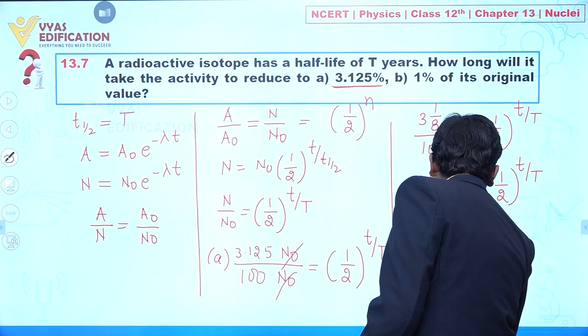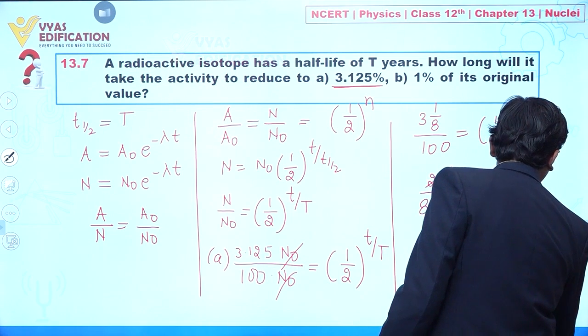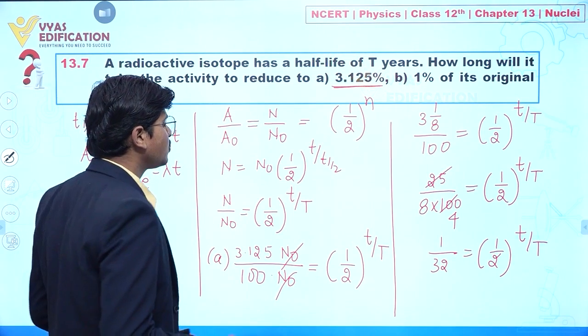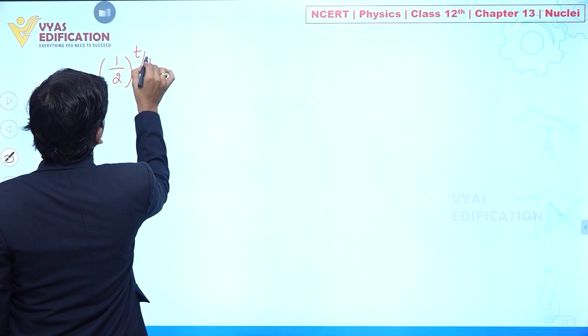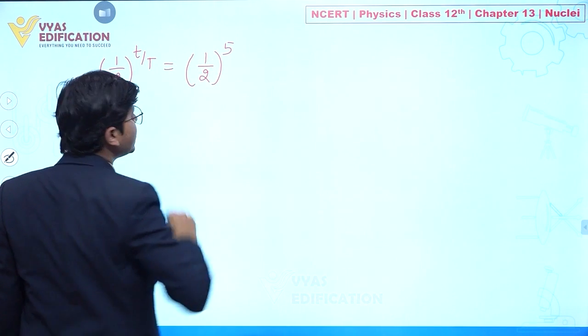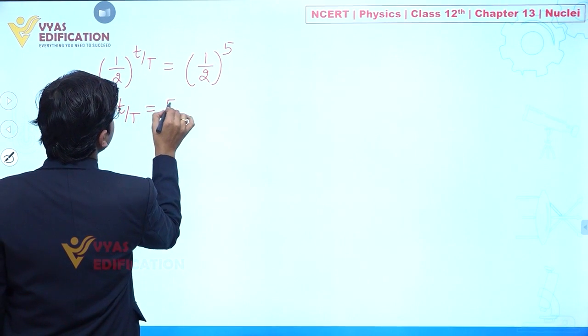Clear? So from that one we can write it like this, this is equal to 1 by 32. We are getting 1 by 32, this is equal to 1 by 2 power t by capital T, this should be equal to 1 by 2 power 5. So t by capital T should be equal to 5.